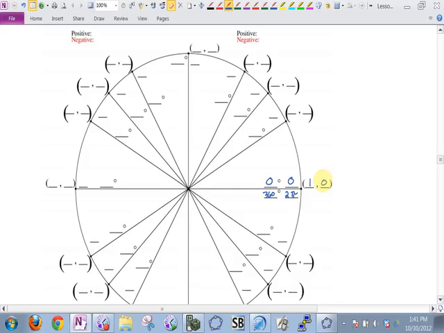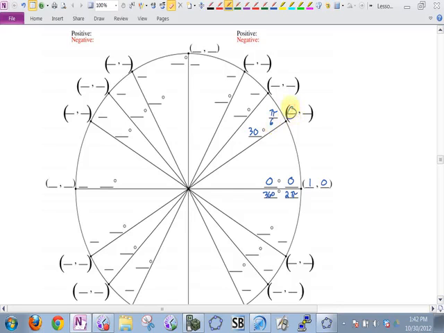All right, what's the next angle worthy of being memorized? 30 degrees. How many radians is that? Pi over 6. Very nice. Okay, so what are the x and y coordinates? In order to figure the x and y coordinates out, I would definitely refer to your 30, 60, 90 triangle.